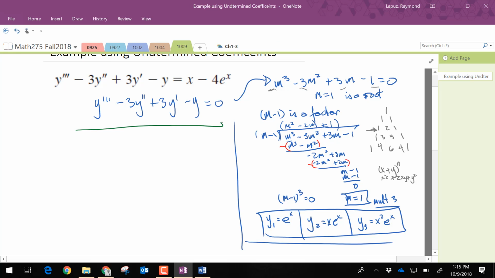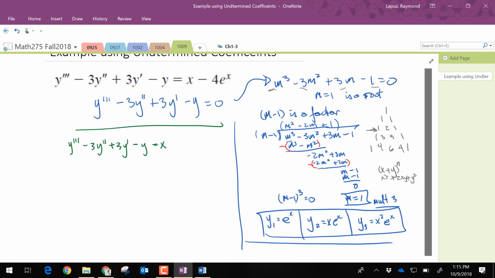So this is a case where we probably want to break it up into 2 different scenarios. We're going to consider y triple prime minus 3y double prime plus 3y prime minus y is equal to x, and then just deal with this to find a particular solution with the x in it.